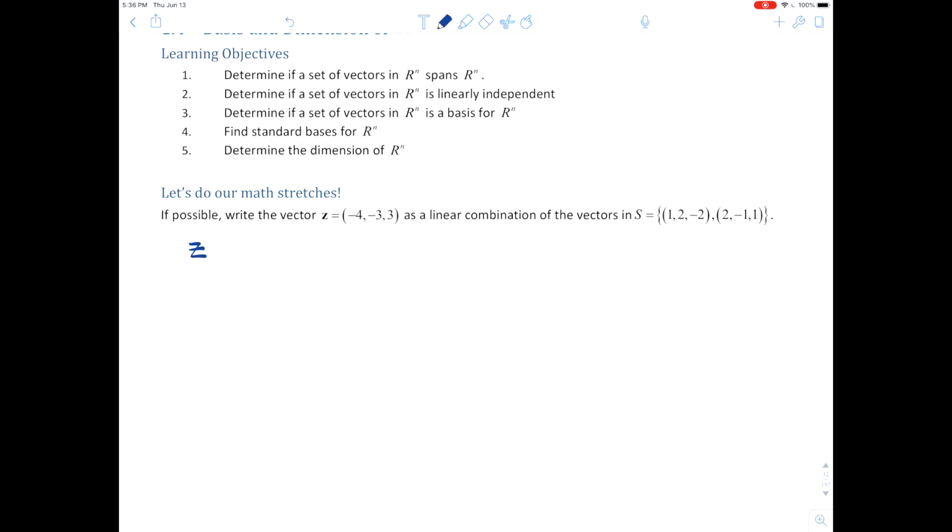Recall that a linear combination, and you want to just get this in your brain, is the sum of scalar multiples of vectors in some set.